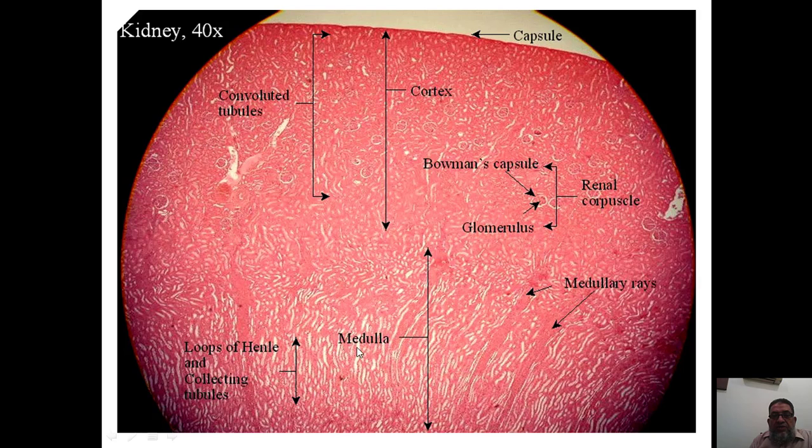These are the medullary rays. You look at the picture. These consist of the loop of Henle and collecting ducts visible in the medulla. The medulla has longitudinally running tubules, loop of Henle and collecting tubules. Whereas in the cortex you see invariably convoluted tubules, proximal and distal, and Bowman capsule and tuft of capillary, that is the glomerulus. So these vertically running tubular systems are called medullary rays.